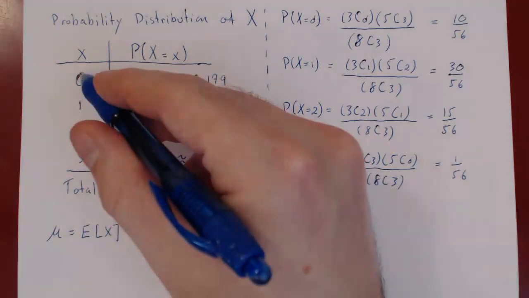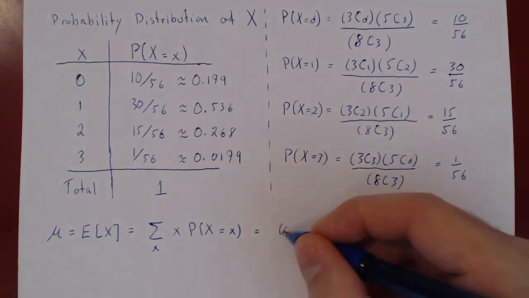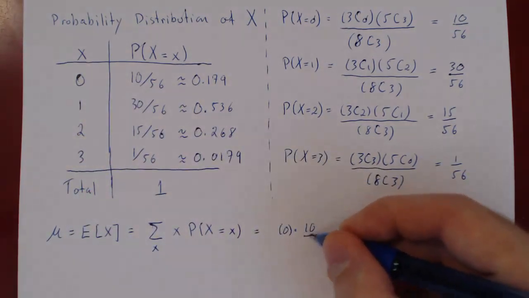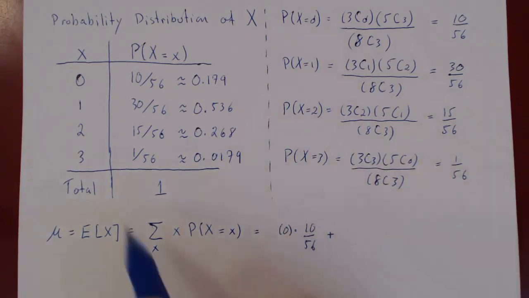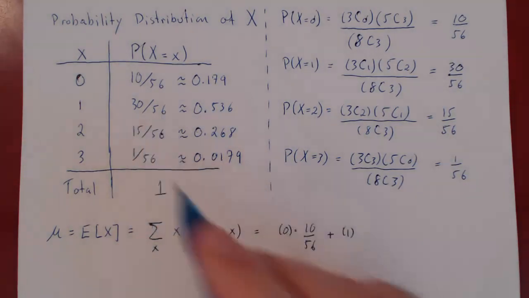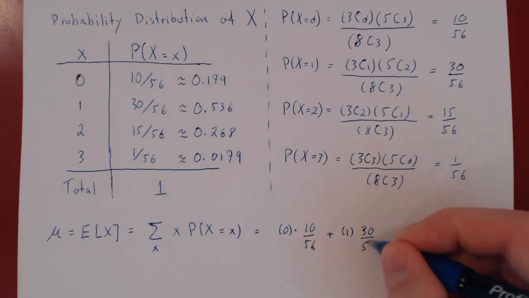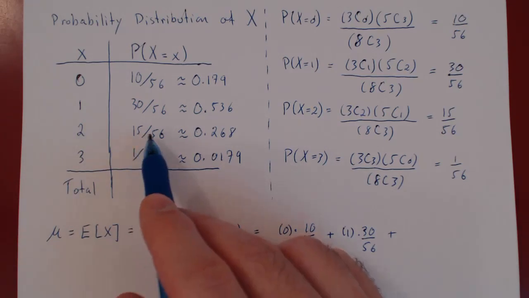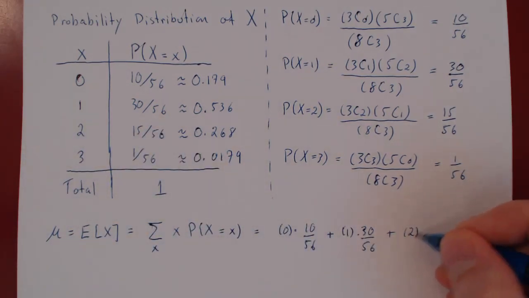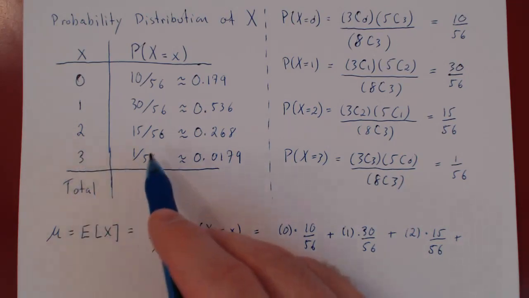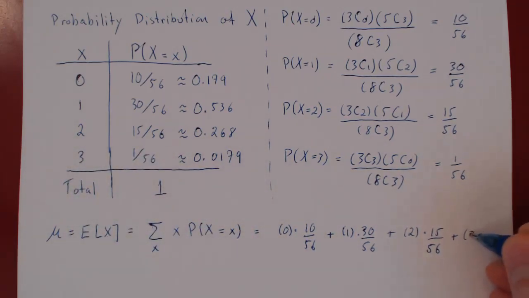Well, the first term is x equals 0, so it's 0, times its corresponding probability, 10 out of 56, plus, when x is 1, 1, times its probability, 30 out of 56, plus, when x is 2, 2 times its probability, 15 out of 56, plus, finally, the third value, 3 times its probability, 1 out of 56.